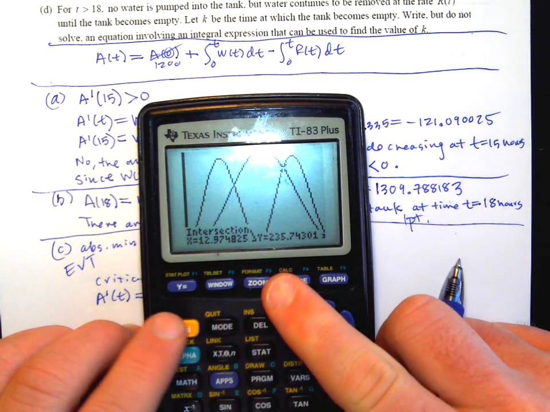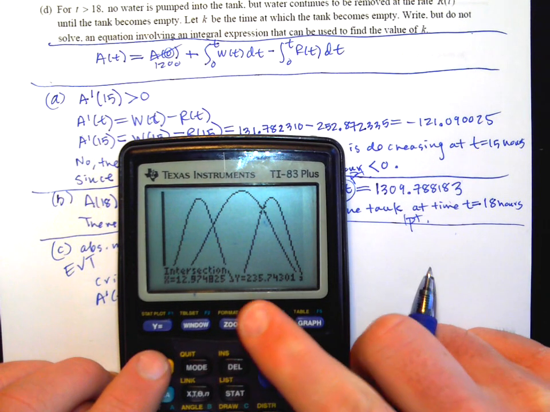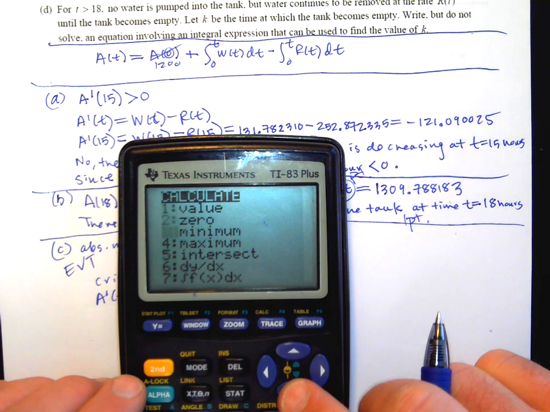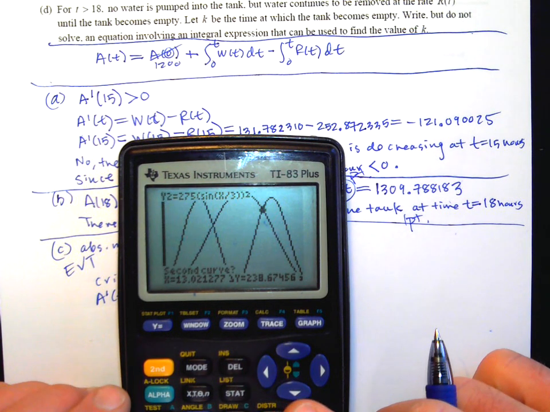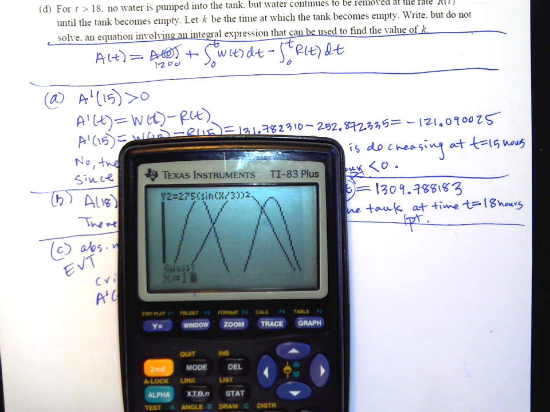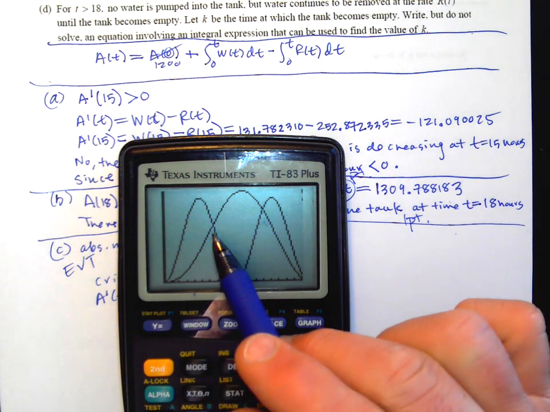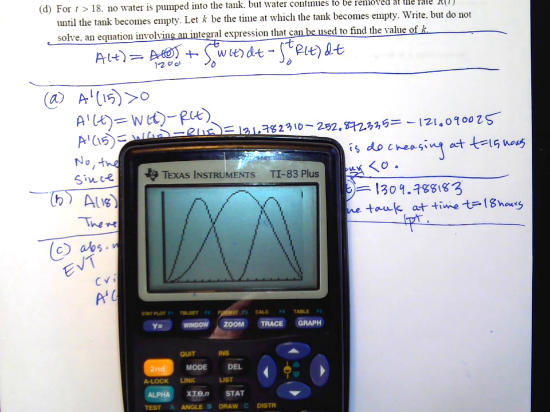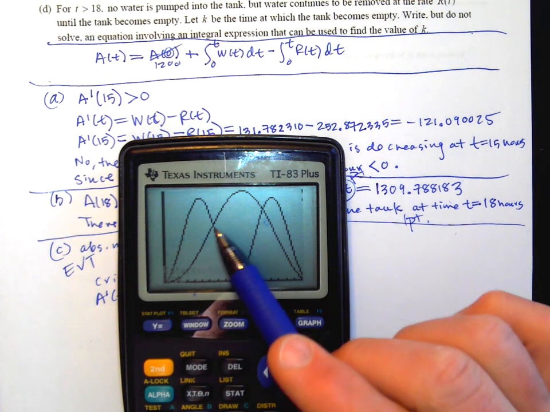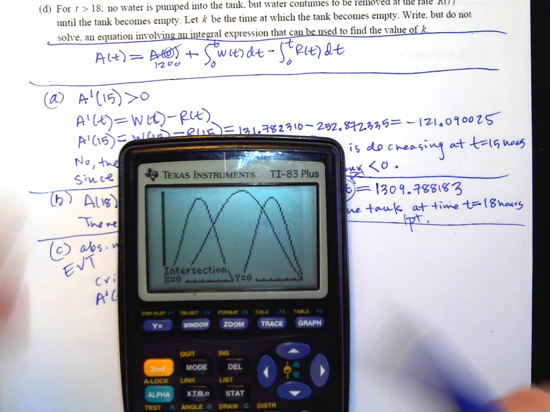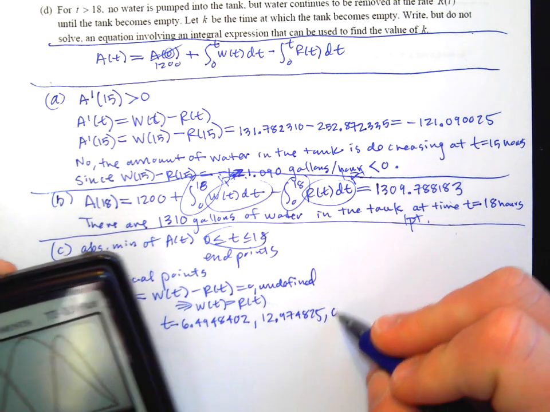Now, do they intersect over on the edges? You just want to make sure you don't miss something. So we could do second calc, number 5, first curve, second curve, and guess like 1 and see which one it finds. It'll either find 0 maybe, or it'll find this one. If it finds this one, okay, 0 is, I guess, the critical point.